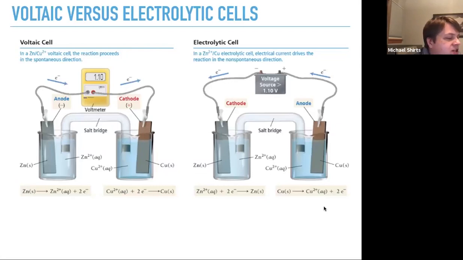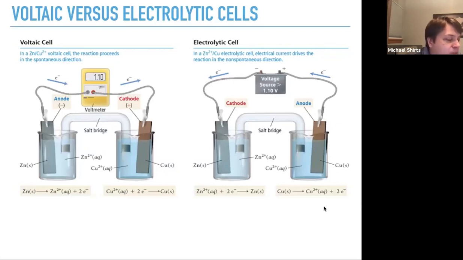If we're applying the voltage, then the zinc electrode becomes the cathode. We're actually supplying electrons to the solution, and so the zinc ions come out of solution to meet those electrons, and we get the formation of zinc solid.